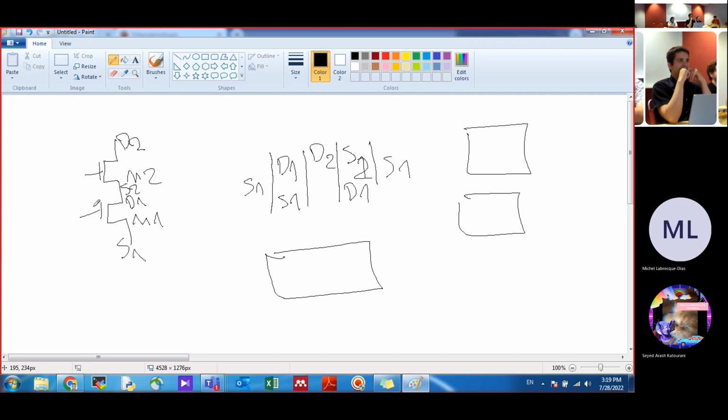So this is your S1, and you have this node, which will be overlapping with D1.